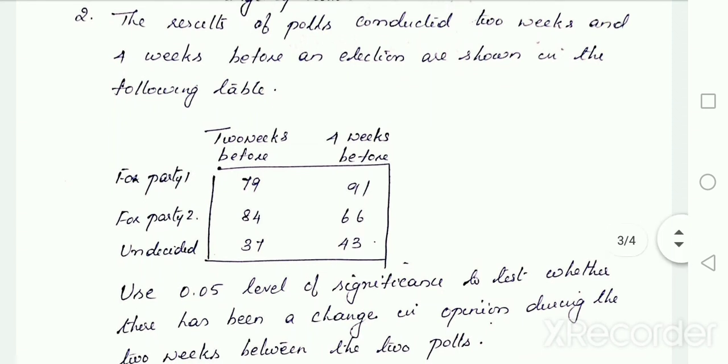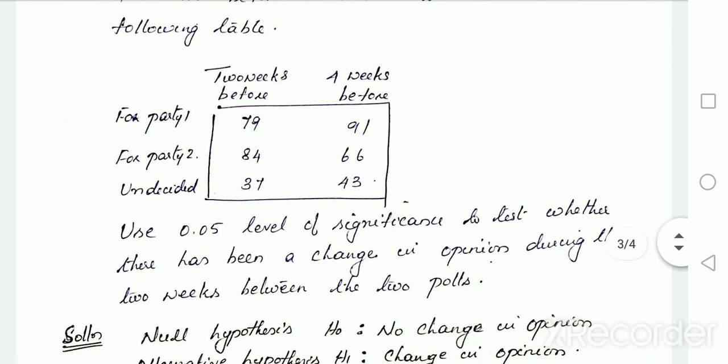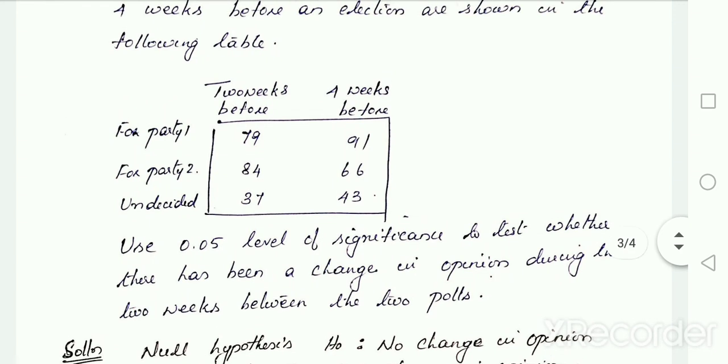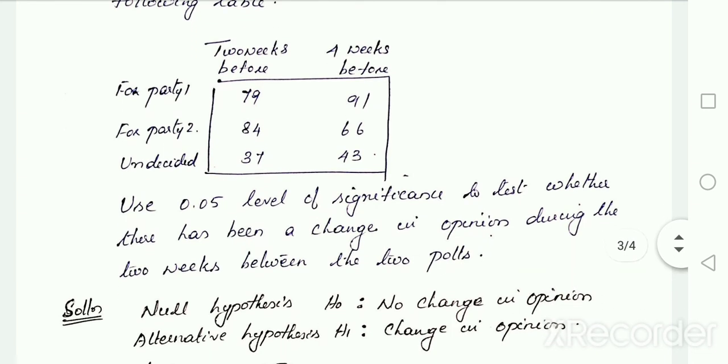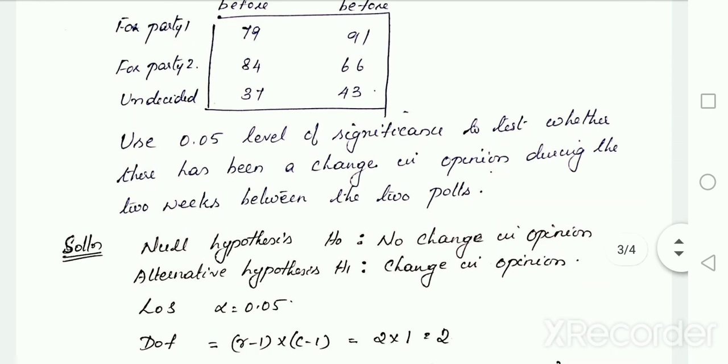The question is to test whether there has been a change in opinion during the 2 weeks between the two polls, or whether both are the same. We have to verify that. So here the null hypothesis is that there is no change in opinion, and the alternative hypothesis is that there is some change in opinion.